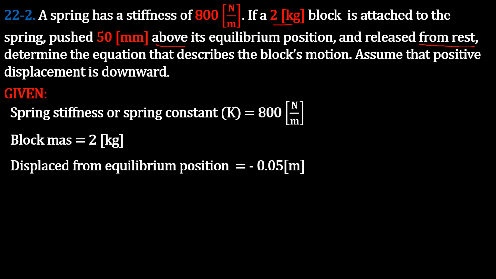Why did we write minus? Because we are told to assume positive displacement is downward. But here we pushed the block and mass system 50 millimeter above its equilibrium, so in the opposite direction, that's why it's negative.